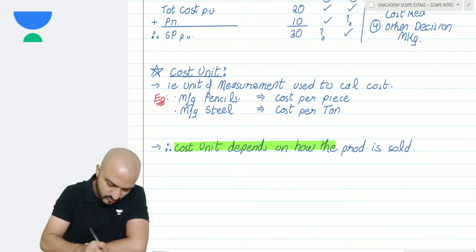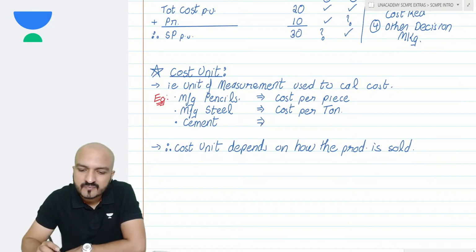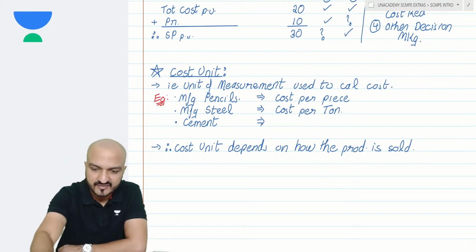Okay, let's look at one more example. Cement manufacturing. In case of cement manufacturing, how is the cost going to be calculated?